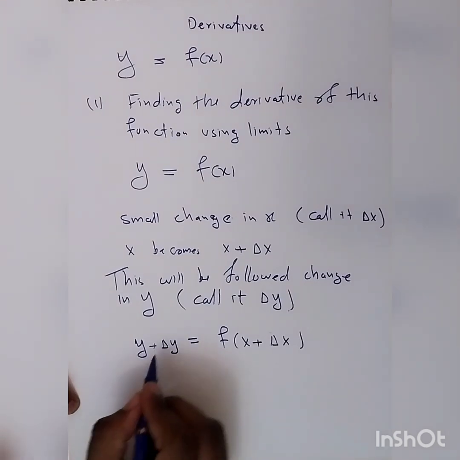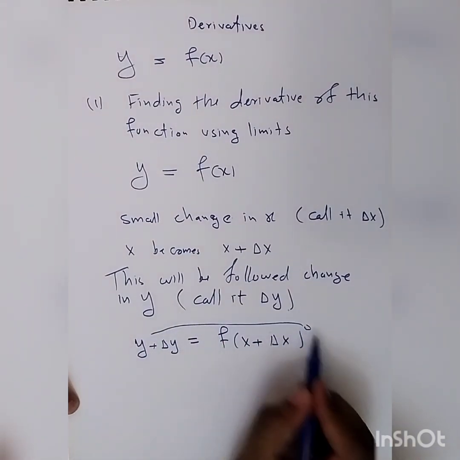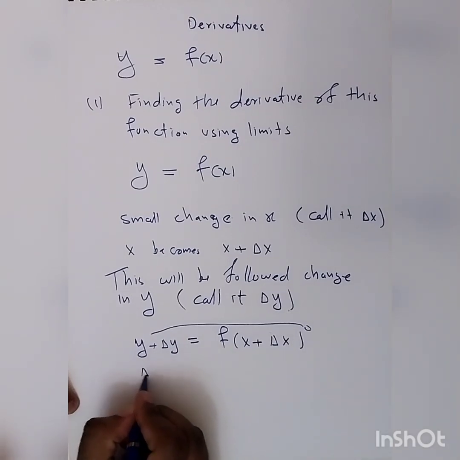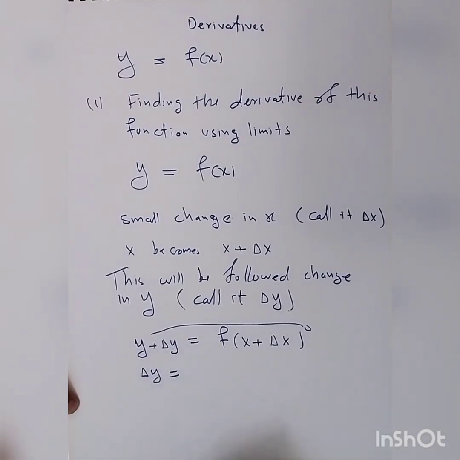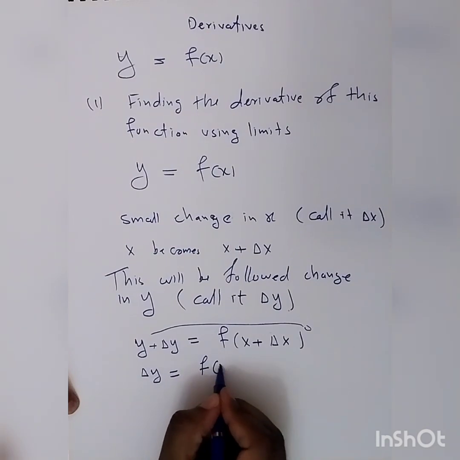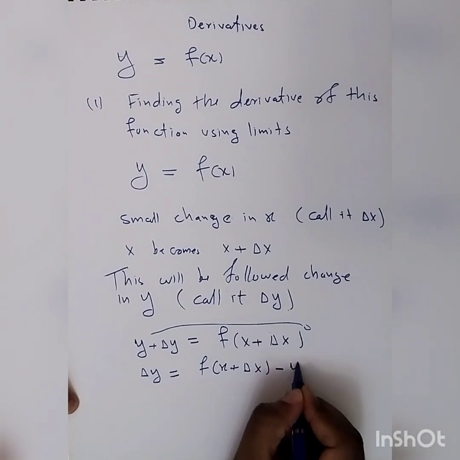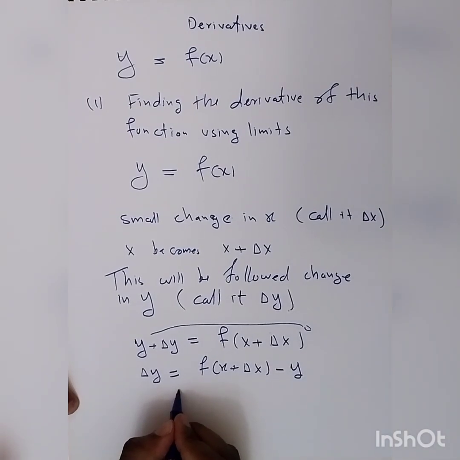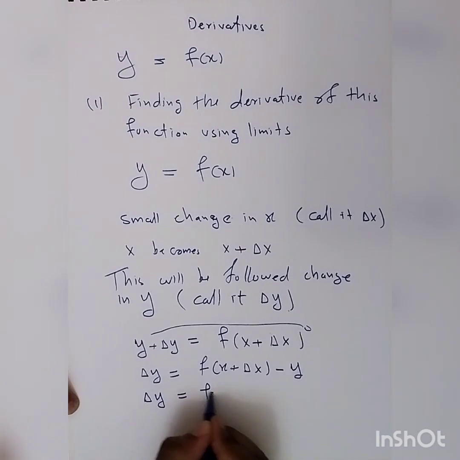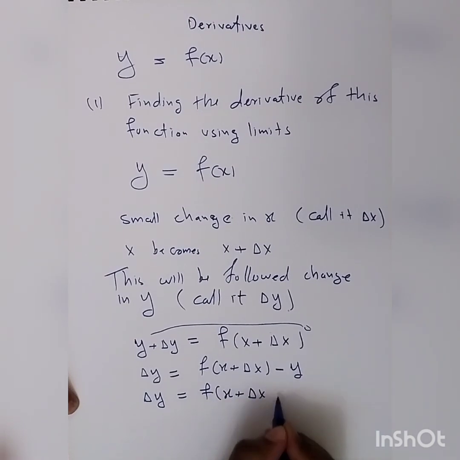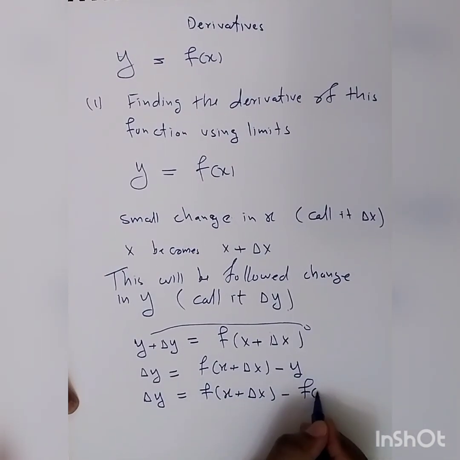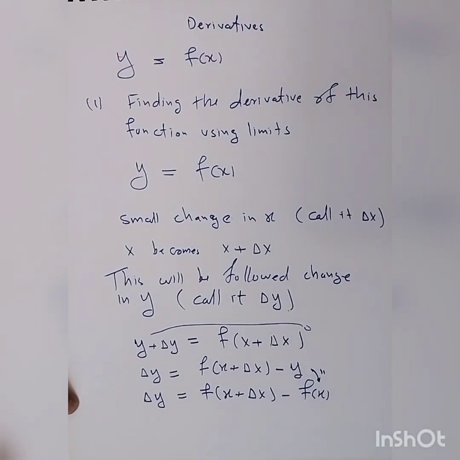Now we can take y to the right hand side, and we get delta y equal to f of x plus delta x minus y. Y in this case is f of x, because y is basically equal to f of x.